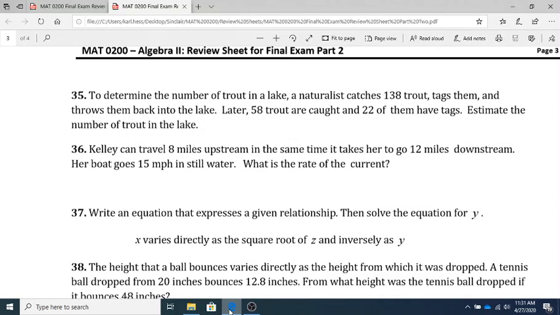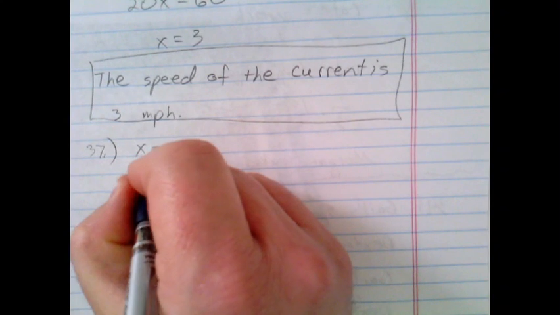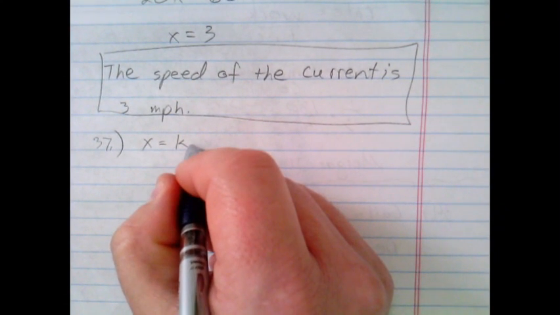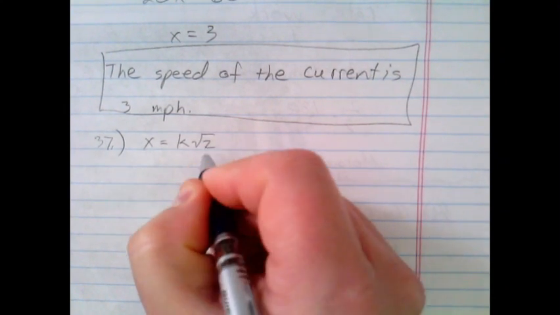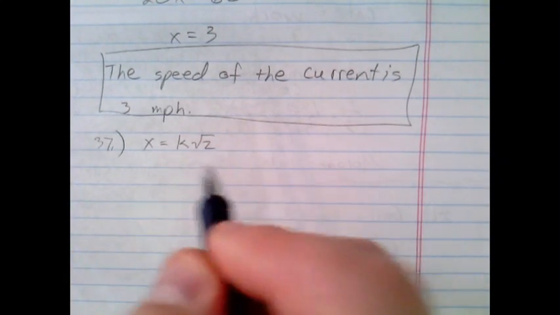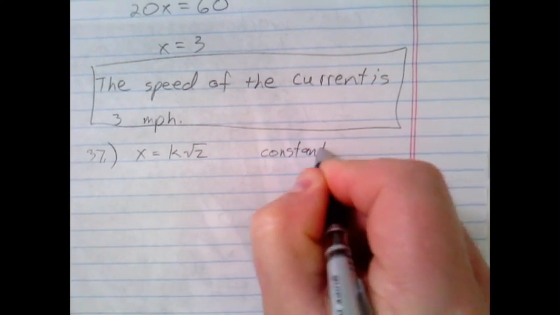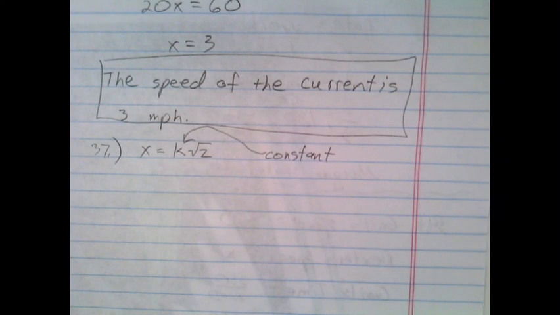When I say x varies directly with something, I mean that x equals a constant times that something. So x varies directly with the square root of z just means that x is a constant times the square root of z. We typically use k as a stand-in for a constant in these kinds of problems.